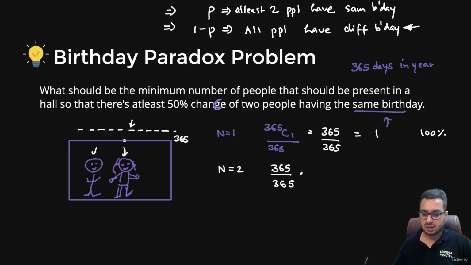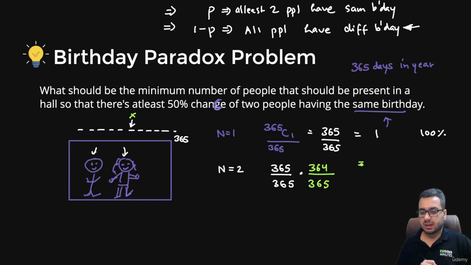But for the second person to have a different birthday, that person has only 364 choices, because one day is already taken. So it is multiplied by 364 upon 365.